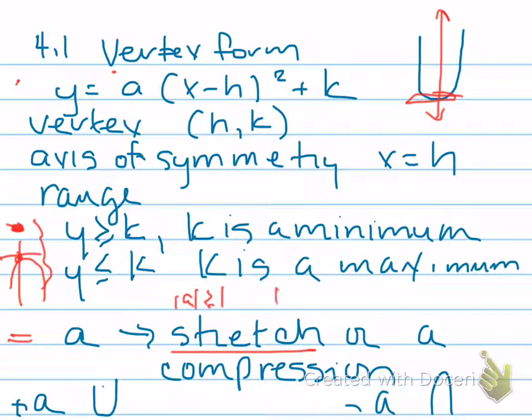If the absolute value of a is less than 1, then you're going to have a compression. If a is positive, the graph will open up, and if a is negative, the graph will open down. So all of these become tools to help us better draw a graph to more accurately understand what a function's doing. And this is how we look at everything in vertex form.